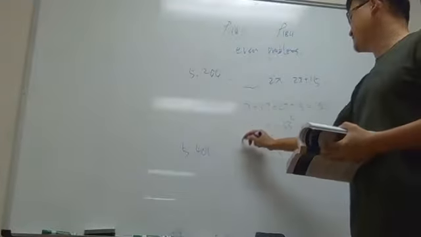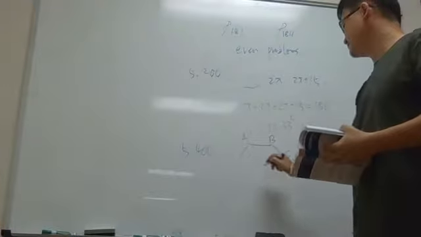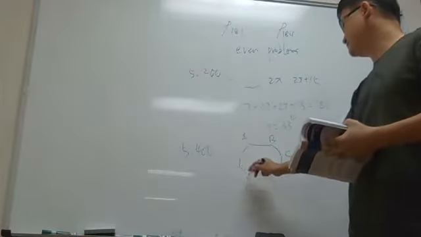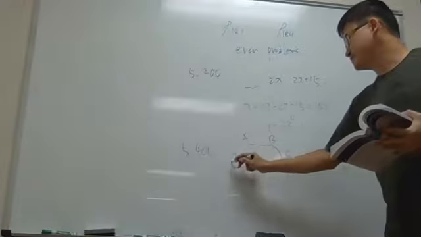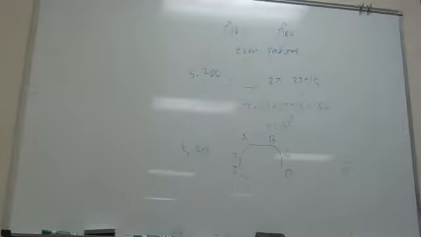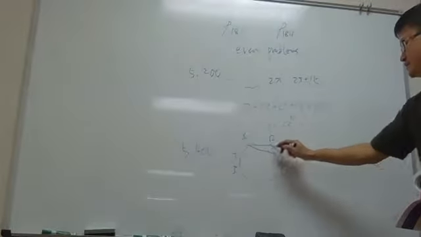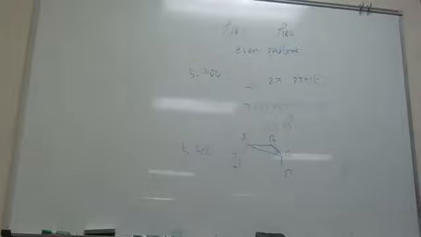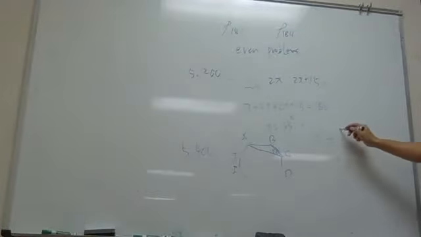So this is A, B, C, D, etc., up to J and I. I won't draw the whole thing. But you ask about the angle ACB, right? So not ABC, but ACB. So this angle here, right? So how do you find this angle? It's called theta. How do you find theta?